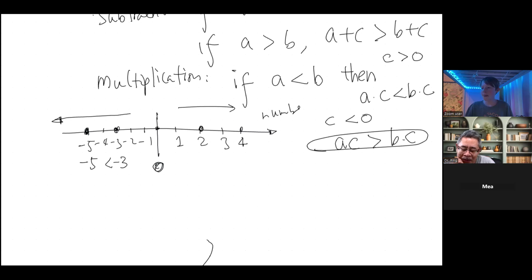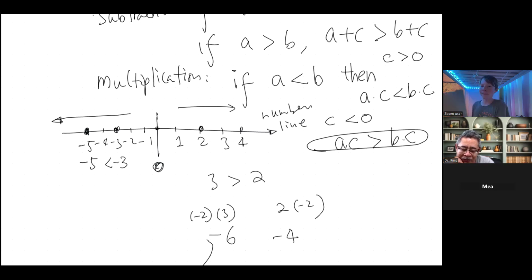Because of that, if we say 3 is greater than 2, but what happens if I multiply by negative 2 on both sides? What do we have? This side is negative 6, and this side is negative 4. Negative 6 is less than negative 4.